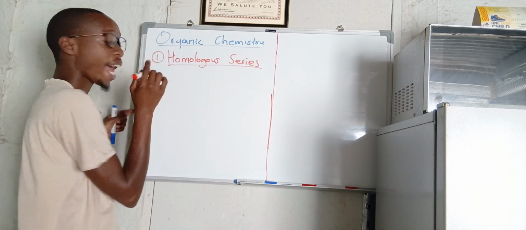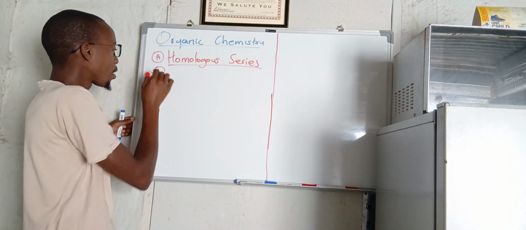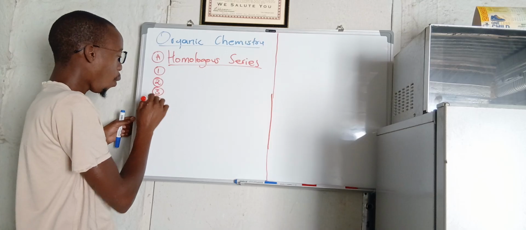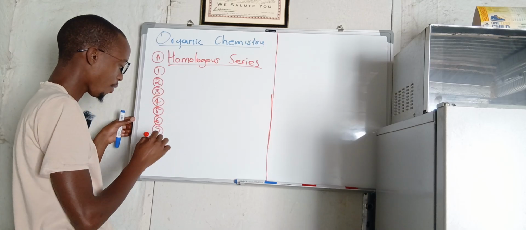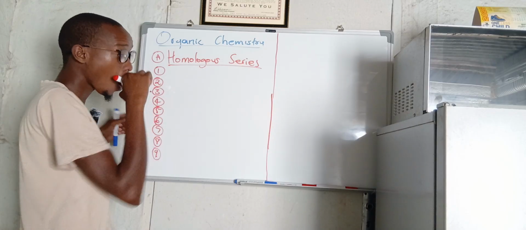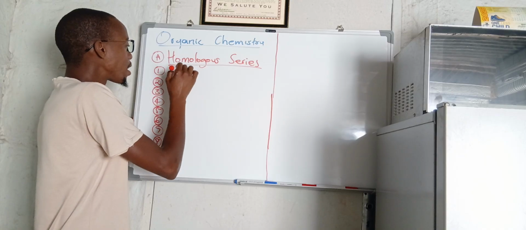So I said we have 9 different types of homologous series. Let me call this one A. 1, 2, 3, 4, 5, 6, 7, 8, and 9. The first homologous series will be what we call alkane.